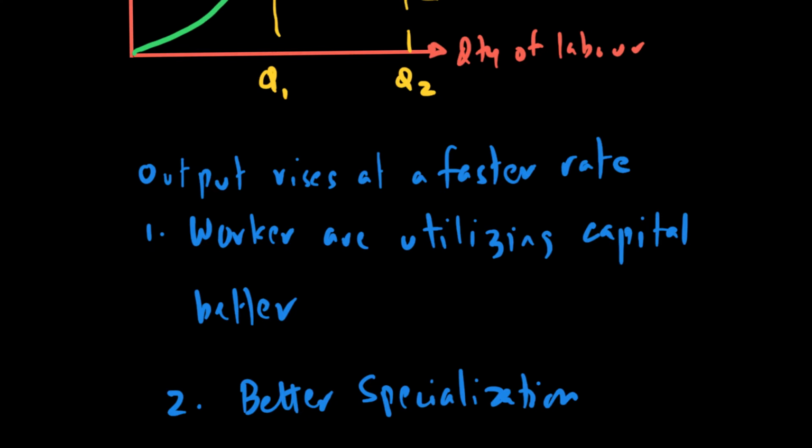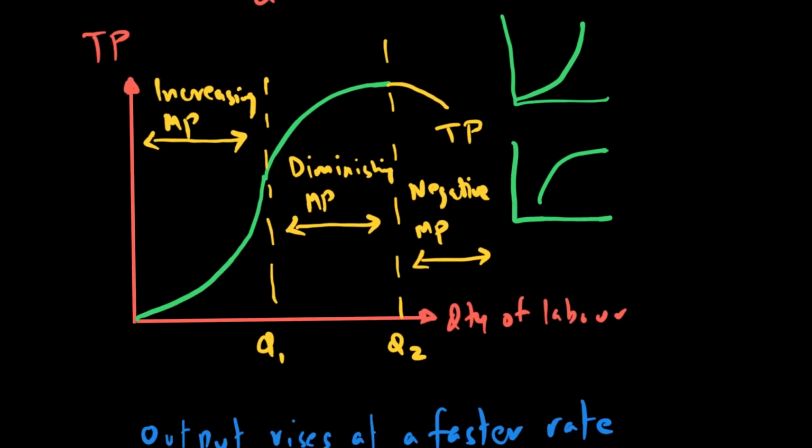Now, the reason why we call it increasing MP when it's a total product graph is because when you're going to look at from 0 to Q1 workers, I'm going to go back to the diagram. When you look at 0 to Q1 workers, and let me also get rid of this diagram. So when you look at 0 to Q1 workers, the output is rising, we say, at a faster rate.